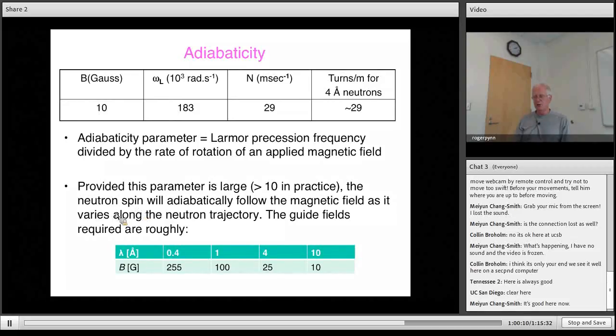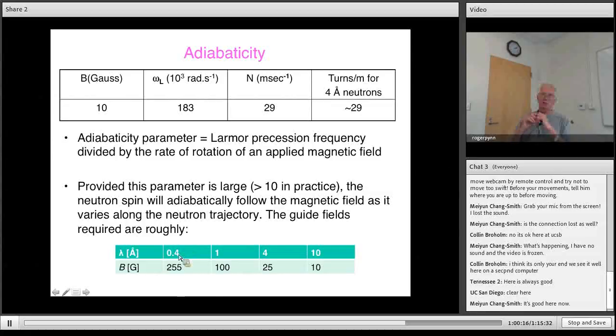And the magnitude of the guide fields that you'll need to make sure this happens depends upon how fast the neutron is going, of course, because that's what determines how fast the angle of the field is changing in the frame of the neutron.